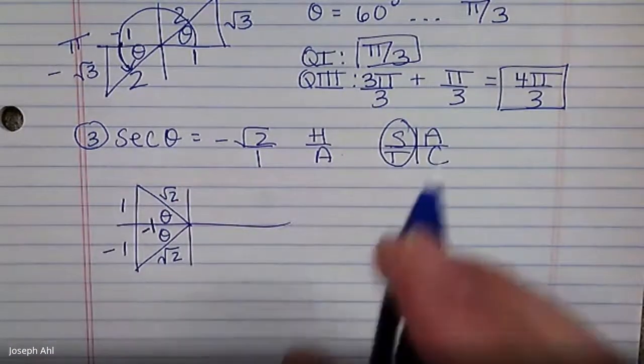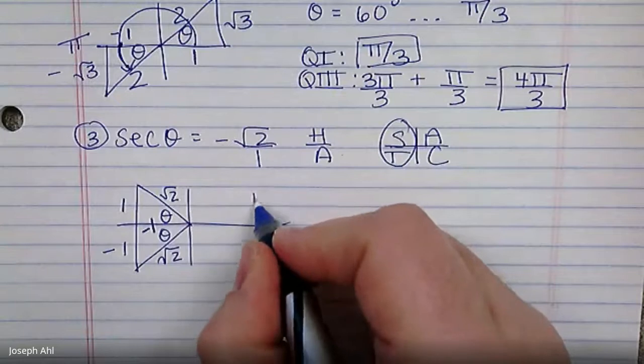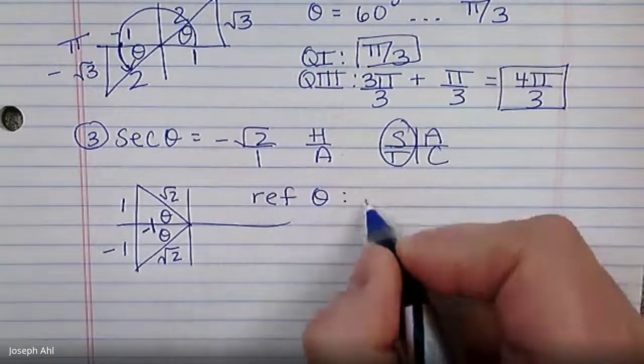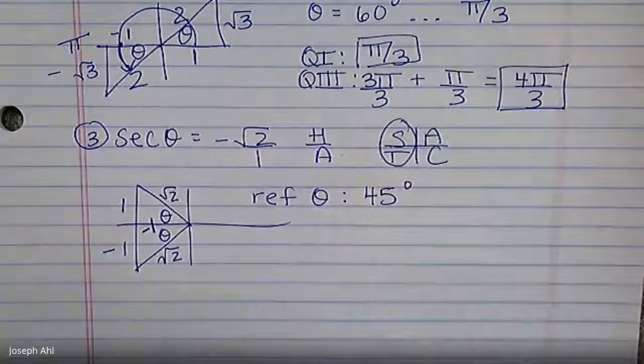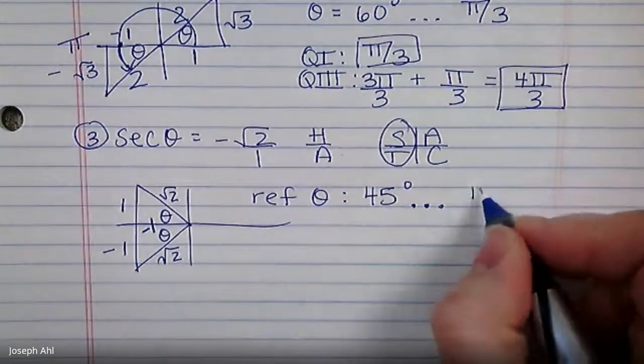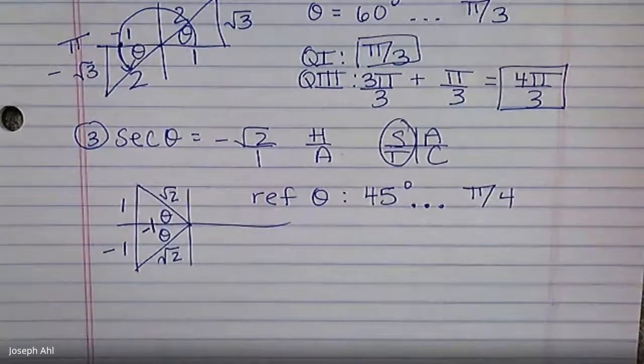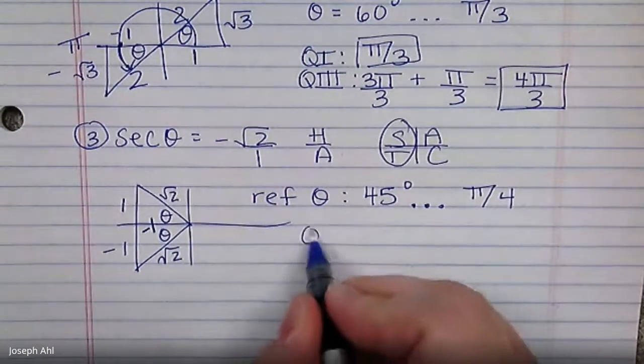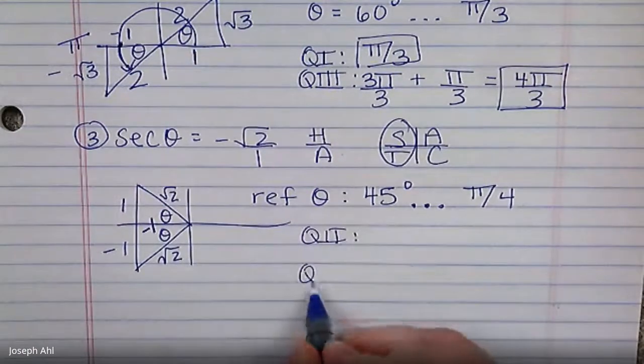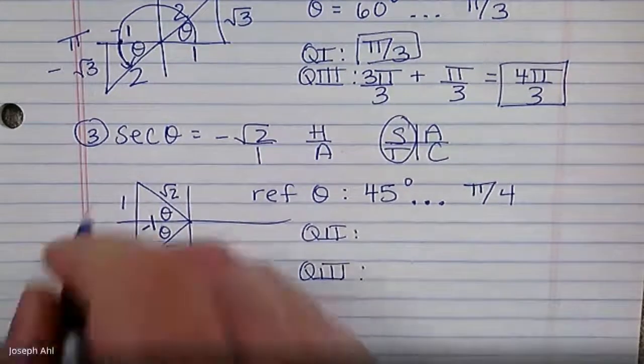All right, these are all special angles. So we know that the reference angle, the reference theta, is 45 degrees. But we don't want degrees. So in radians, do you remember what 45 is? I hope it's pi over 4. So we got to get a quadrant 2 answer and then a quadrant 3 answer from that.